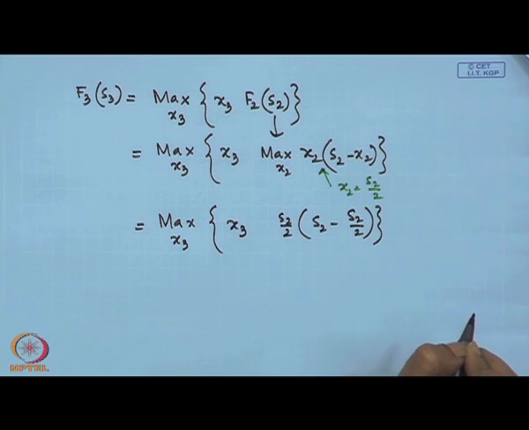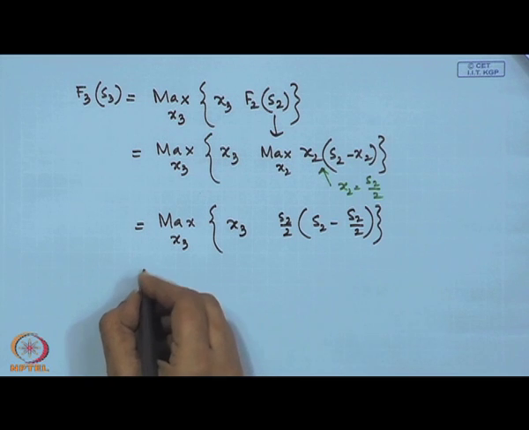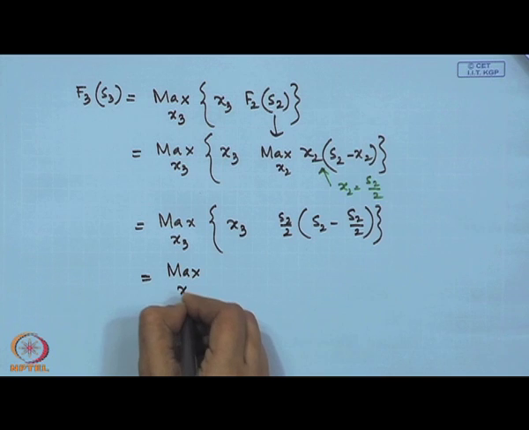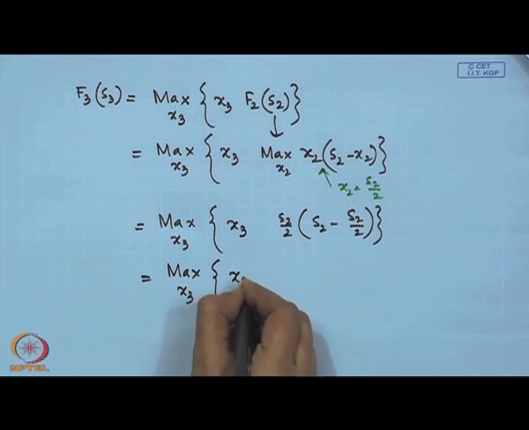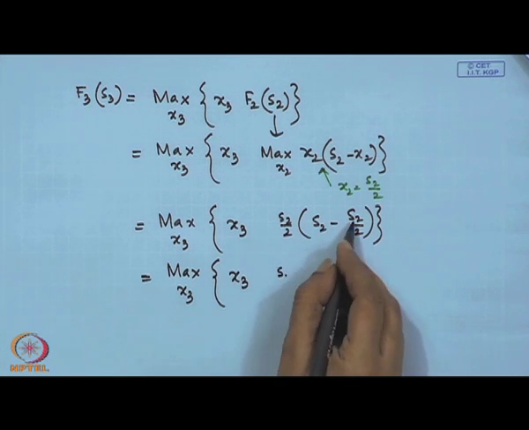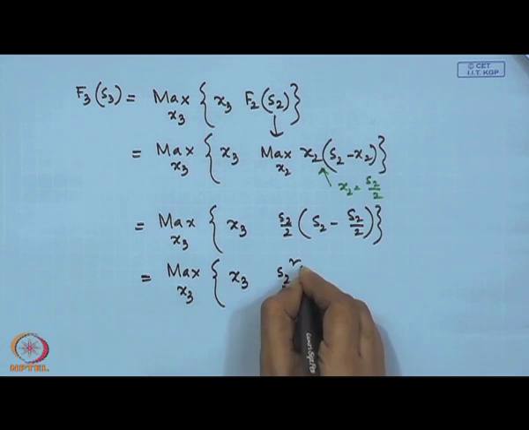Now it is a problem of single variable, and we are getting s2 square by 4.